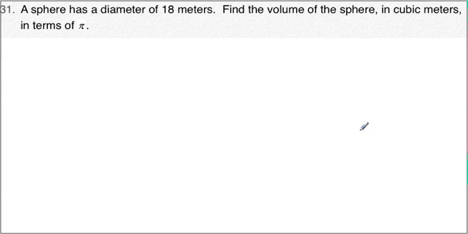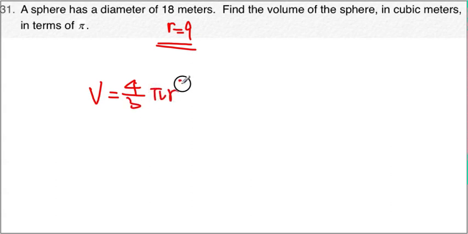Number 31. A sphere has a diameter of 18 meters. That means the radius is equal to 9 right away. Find the volume. How do you find the volume? The volume of a sphere is 4/3 pi r cubed. Now what we have to do is 4/3 pi 9 cubed.